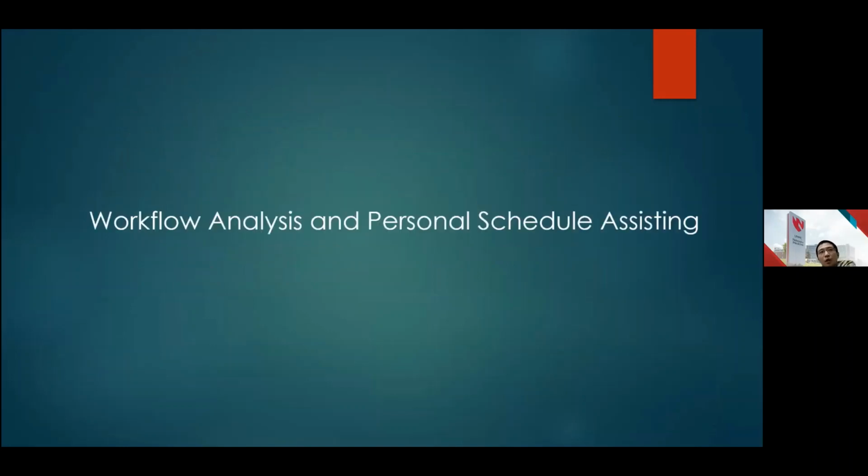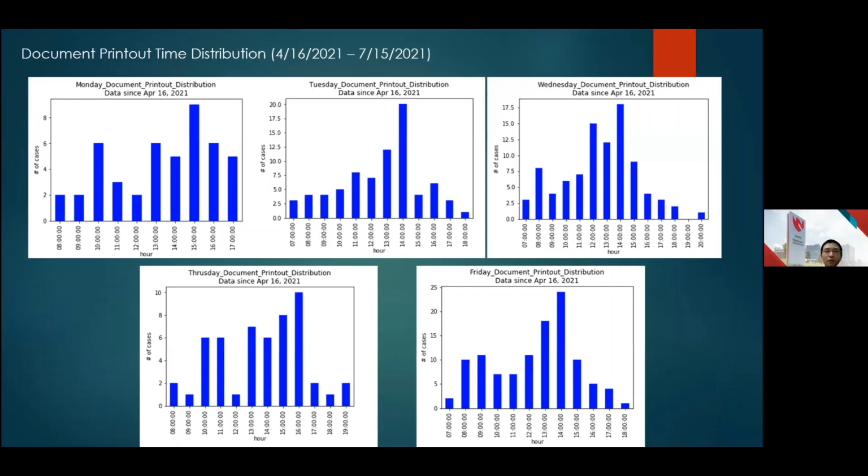Now, this is something still in progress. For example, this is the statistics for the document printout time distribution from April to July, for each workday, Monday, Tuesday, and so on.